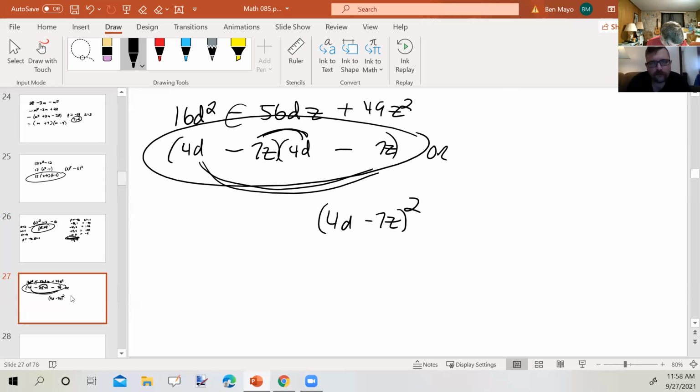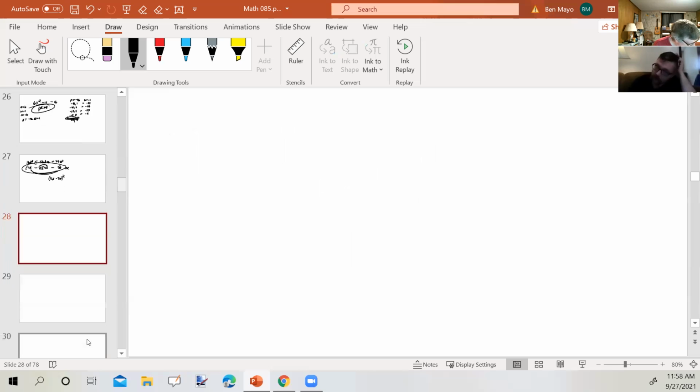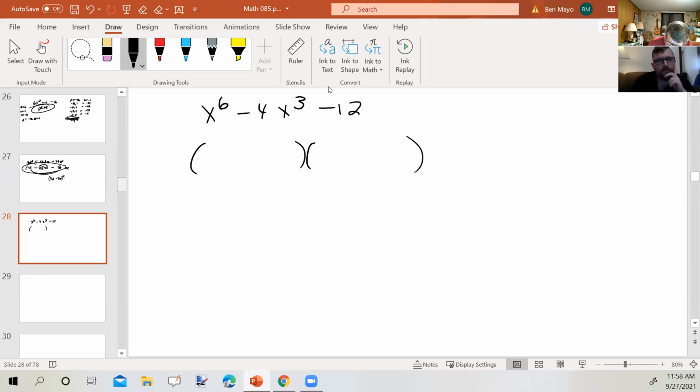Let's see here. How about this one? x to the 6th minus 4x cubed minus 12. Well, this is a trinomial and it's in standard form. There's no greatest common factor and the leading coefficient is a 1. So how would you split up x to the 6th?